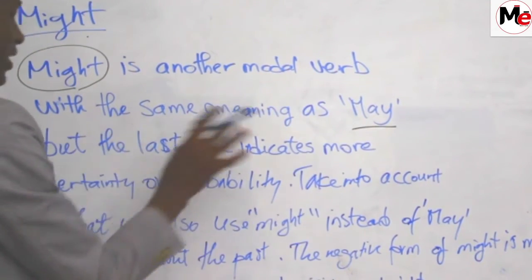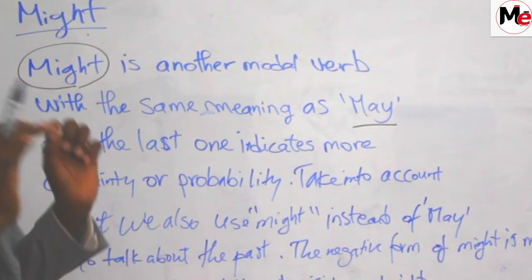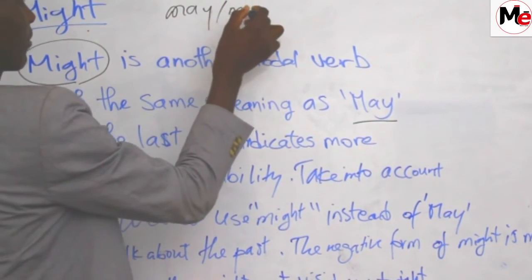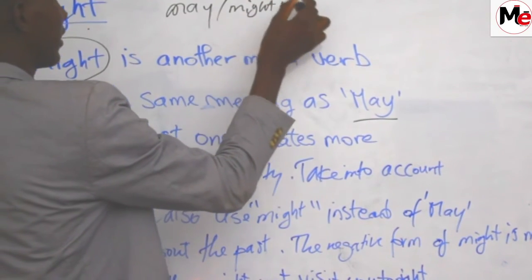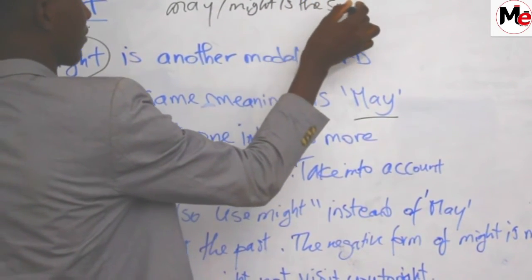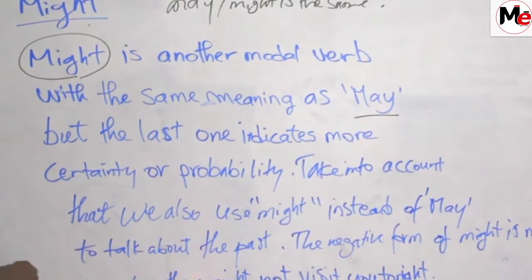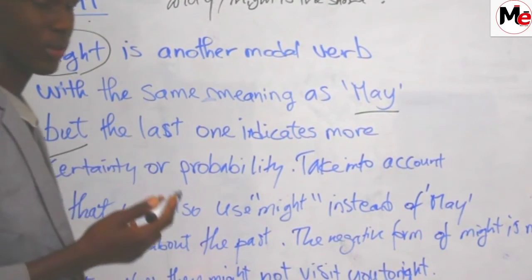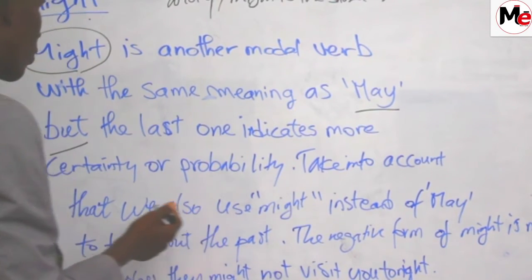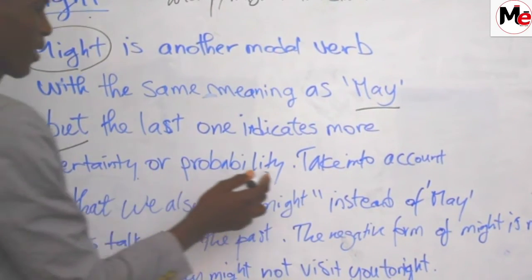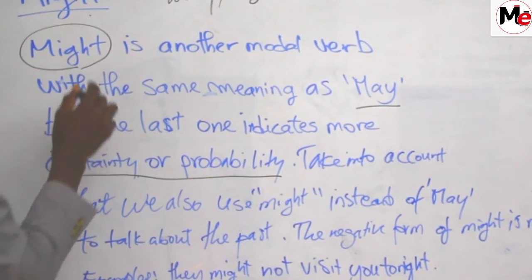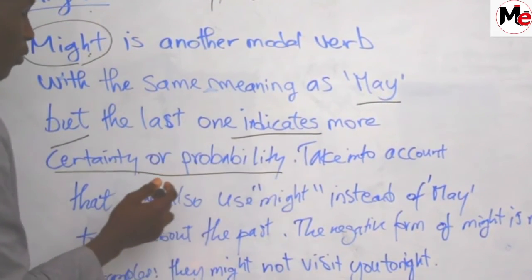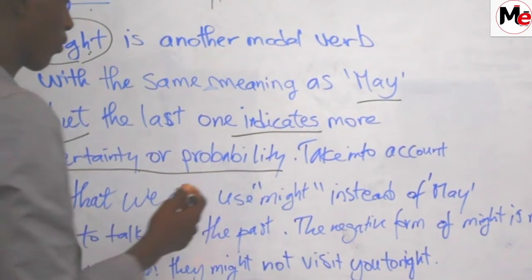May and might are the same. But the latter indicates more certainty or probability.